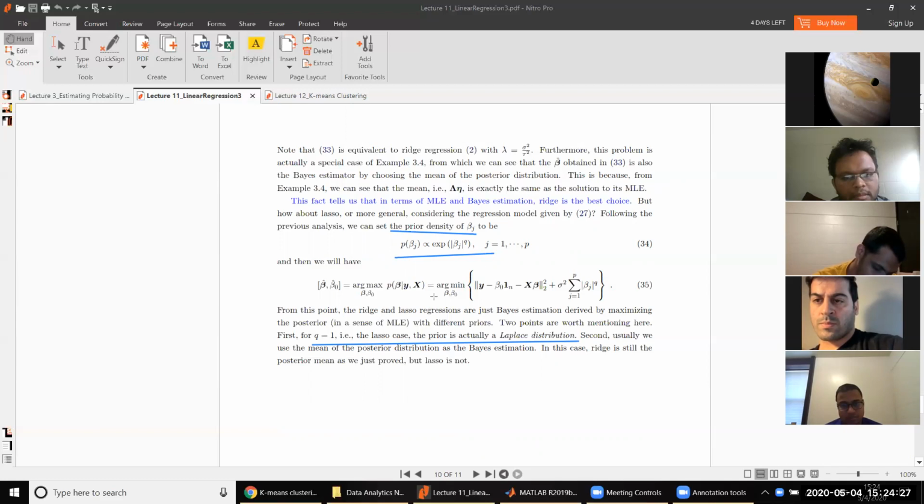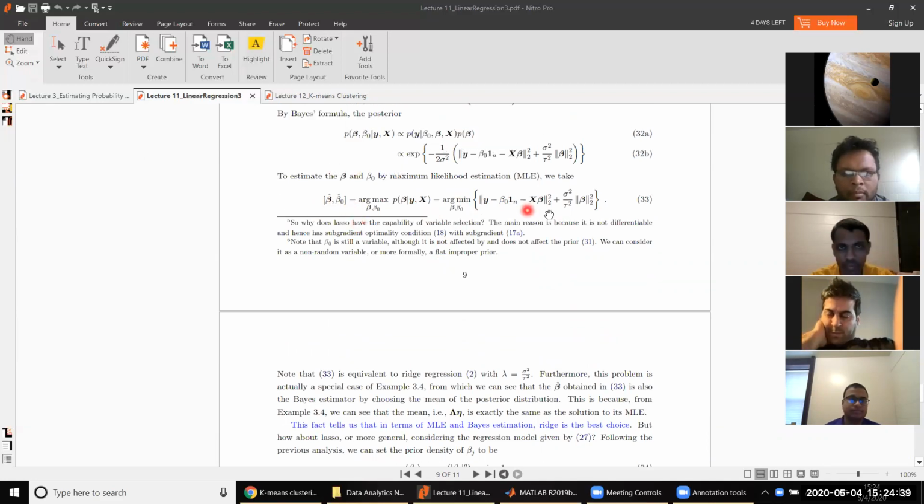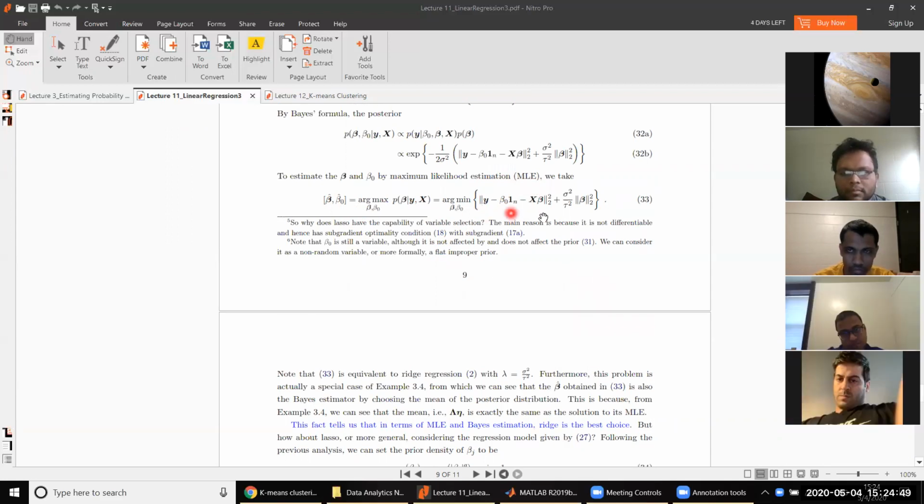And the second thing is that in the ridge part, we mentioned that it doesn't matter if you want to estimate the beta hat by, let's say, MLE or by the mean, which is our traditional Bayes estimation method, right? They are going to be the same. Both of them would be the ridge regression.